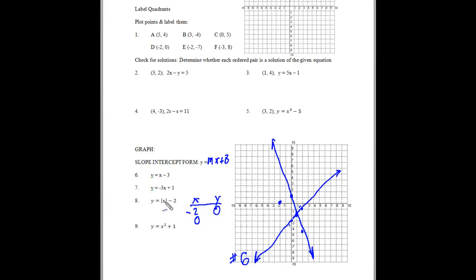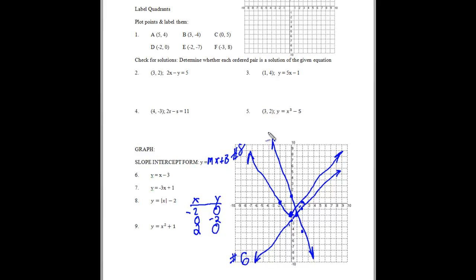The absolute value of 0 is 0. 0 minus 2, so that's negative 2. And so my dot's right there. And then I'm going to plug in 2 for my x. Absolute value of 2 is 2, minus 2 is 0 again. So what I have here is this V shape for my line, which is line number 8.